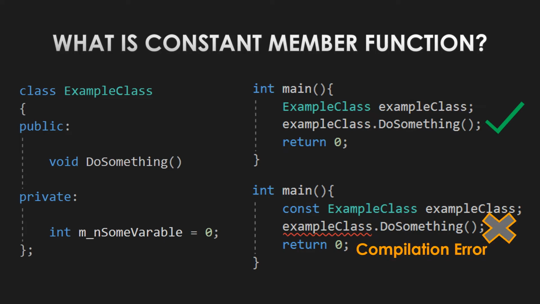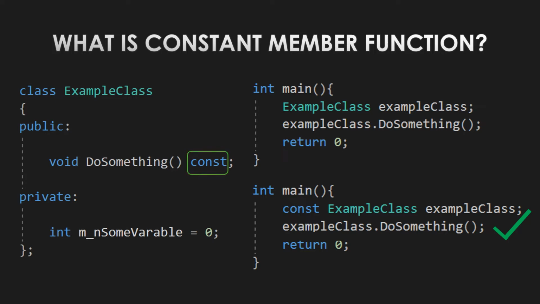Even if the function is not really modifying any object's member variable, since the function is not made constant, it is not allowed in C++ that a constant object call a non-constant member function, and hence it will result in compilation error.